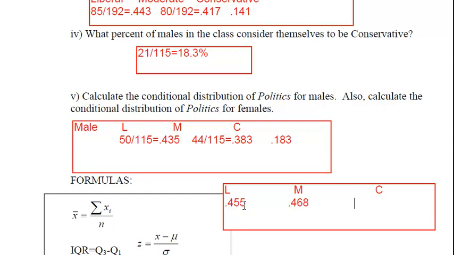And then the last one is 6, so that's going to be 0.078. What would be interesting maybe is to compare the two. It looks like females are more likely to be liberals than males and less likely to be conservatives. Females are also more likely to be moderate than males, 0.468 compared to 0.383.